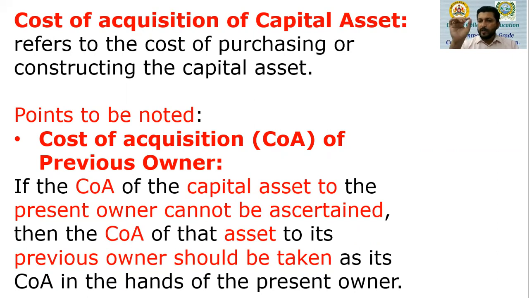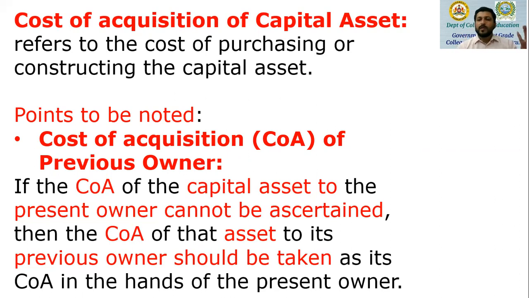So we have the numerator, we have the cost of acquisition. Possibly we'll have to find out, because we are not sure at what price the father had purchased the property. Since we are not aware what was the cost incurred by his father to acquire that property, that will be taken as the cost. It will be multiplied by CII of the year 2019-20, the year in which the son decides to sell that property, divided by CII of which year now?